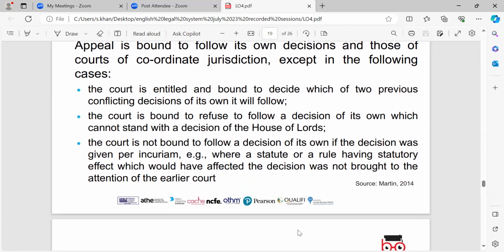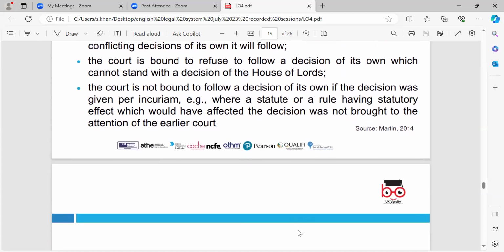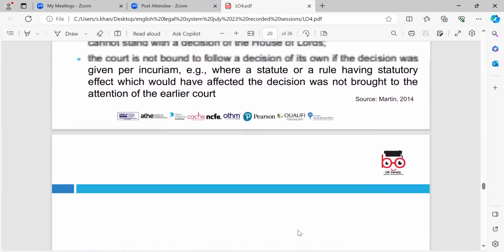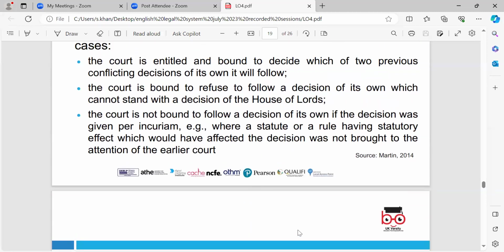And the court is not bound to follow a decision of its own if the decision was given per curiam, where a statute or rule having statutory effect of the earlier case was not brought to the attention of the earlier court. In this case, the Court of Appeal decided that it need not be bound by its own previous decisions if at least one of the three criteria which I've just mentioned was met.